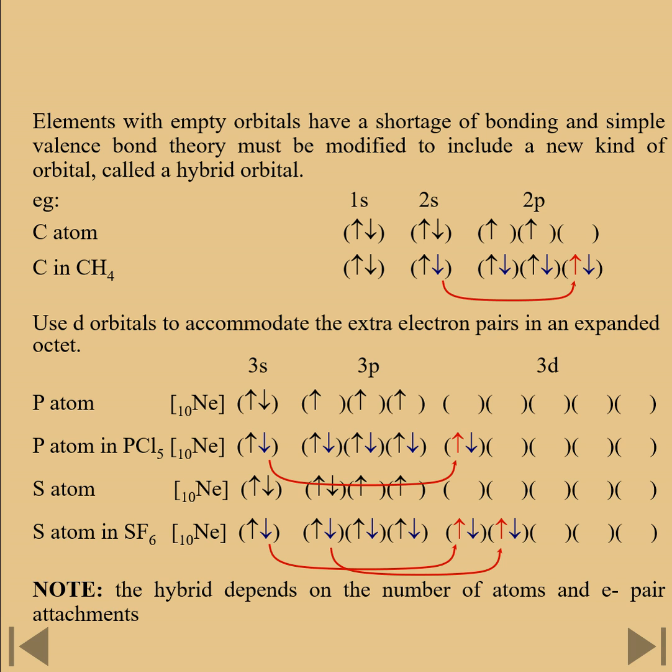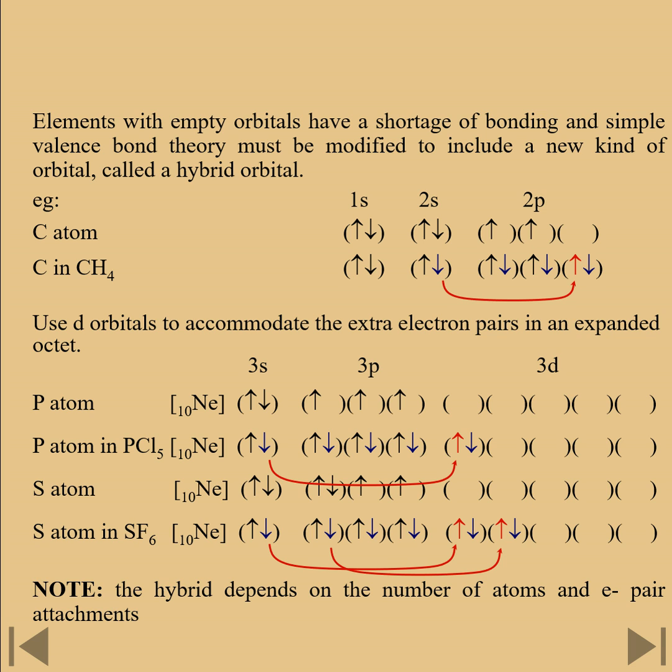Now, ultimately, I'm going to go over the different types of hybridization and their nomenclature, but I want to point out that if you look at these pictures, you can see that the type of hybridization is going to depend on the orbital box diagram of the atom all by itself, but it's also going to depend on the number of shared pairs, but also the number of non-shared pairs.